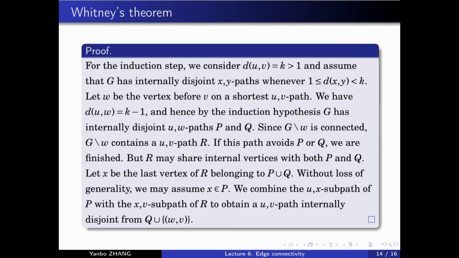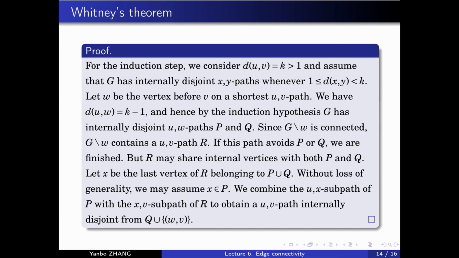For the induction step, we consider d(u,v) equals k greater than 1 and assume that G has internally disjoint x-y paths whenever the distance d(x,y) is greater than or equal to 1 and less than k. To use the induction hypothesis, we need to find two vertices whose distance is k minus 1.